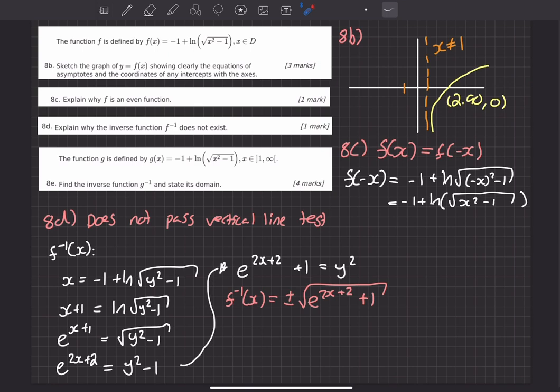So the range of f of x is the domain of the inverse. And since the range of this function goes all the way from negative infinity up to infinity, for part e, the domain of this function is negative infinity to infinity, or x is just all real numbers. Pretty simple.